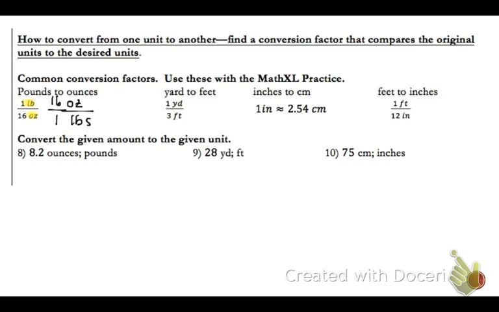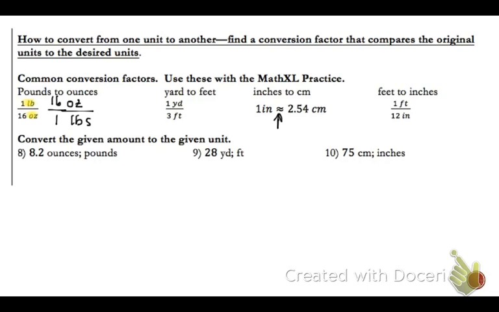Another common conversion is yards to feet. For each 1 yard, there are 3 feet. Now, inches to centimeters, because it's not an even number, we will express that in decimal form. So for each 1 inch, it's approximately equal to, that's what the wavy equal sign means, 2.54 centimeters.